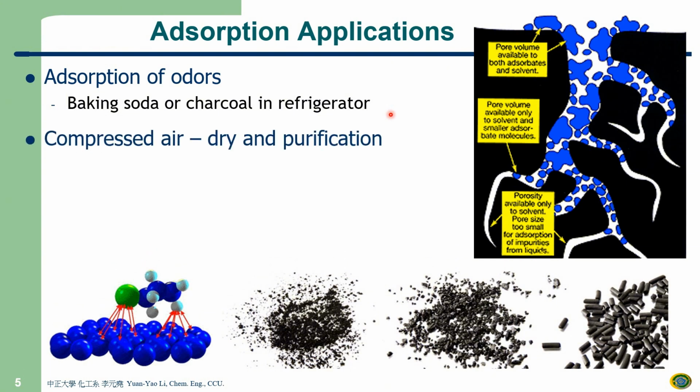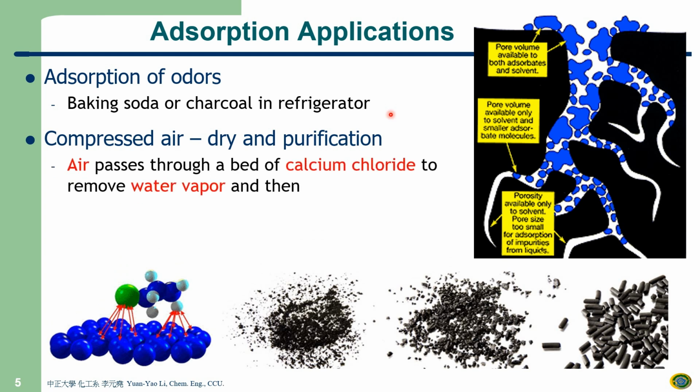Baking soda. Or, in order to get rid of water from the air, the air has humidity. You don't want water in the air, so you can use an adsorbent. Air passes through a bed of calcium chloride to remove water vapor.